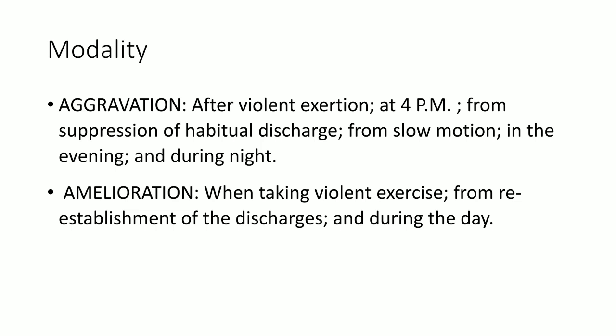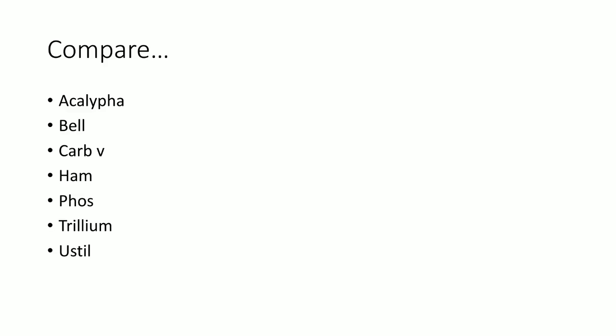Next, let's compare the drugs having bleeding tendency. Usually bright blood is seen in Aconite, Ipecac, Phosphorus, Belladonna, Erigeron.